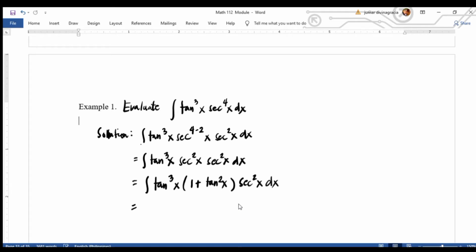And then we will distribute tangent to the power of 3x to the identity. So we have tangent to the power of 3x plus tangent to the 5th of x times secant square x dx.